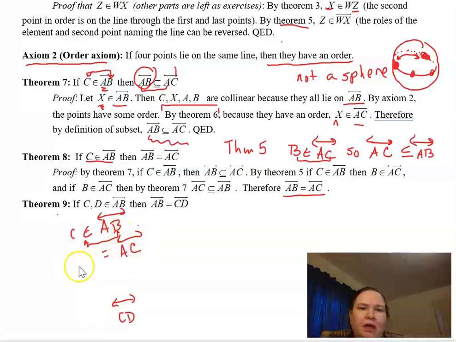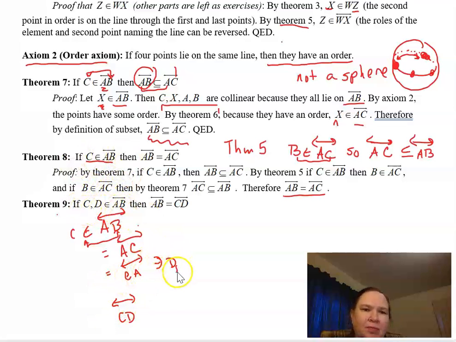okay, and then I want to swap out D for A, but I can't swap D for A without writing another corollary, because this just says I can swap with the second point in the name. So I have to use Theorem 1. All right, and now I've got D is an element of that. That was part of my givens.